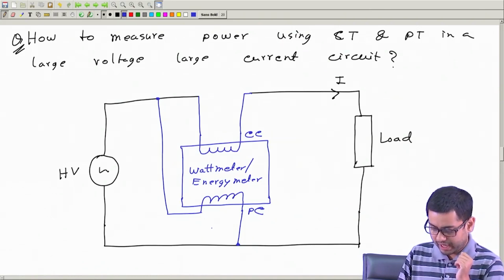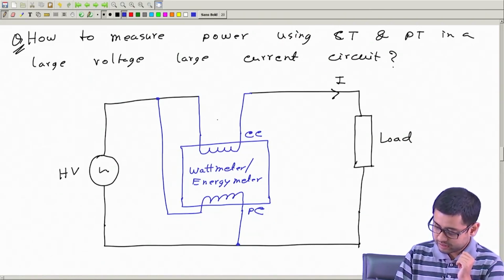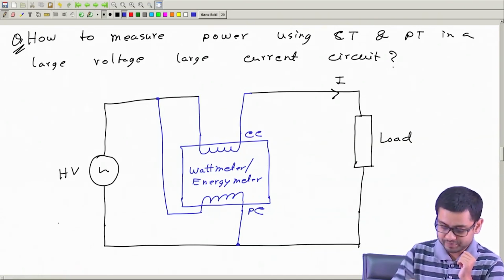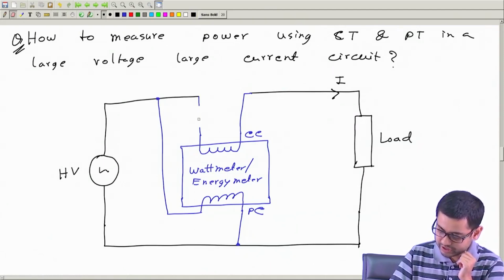Okay. And now the problem is this current is a high current, and if this is a normal wattmeter which cannot allow high current, then what can we do? Instead of connecting this current directly to the current coil, we will use a current transformer.